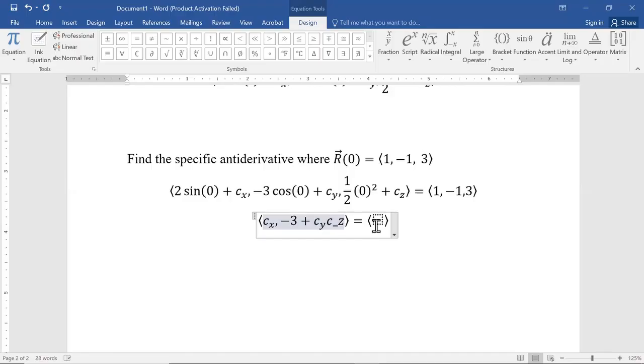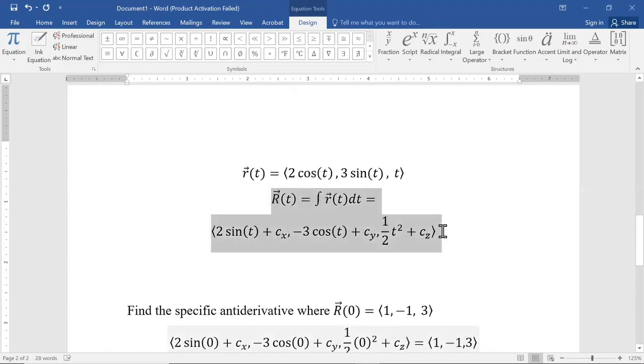So be very careful about that middle term, because it's not just c sub y, it's -3 plus c sub y. And we know that has to be 1, -1, 3. Now, what's that mean? That means my c sub x is 1. My c sub y is actually a 2. And my c sub z is a 3.